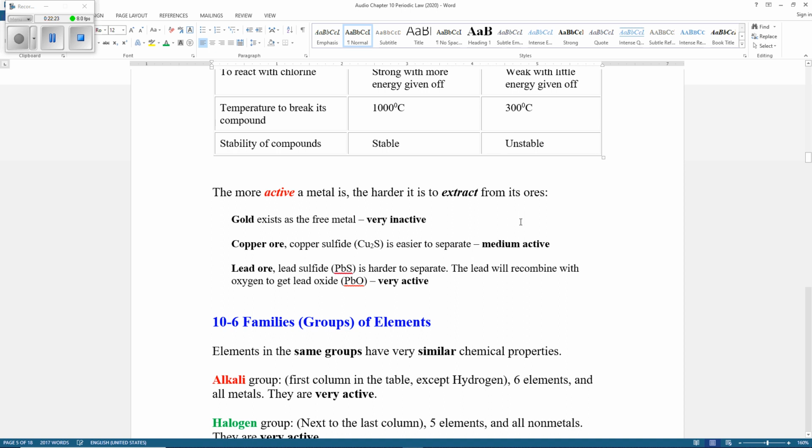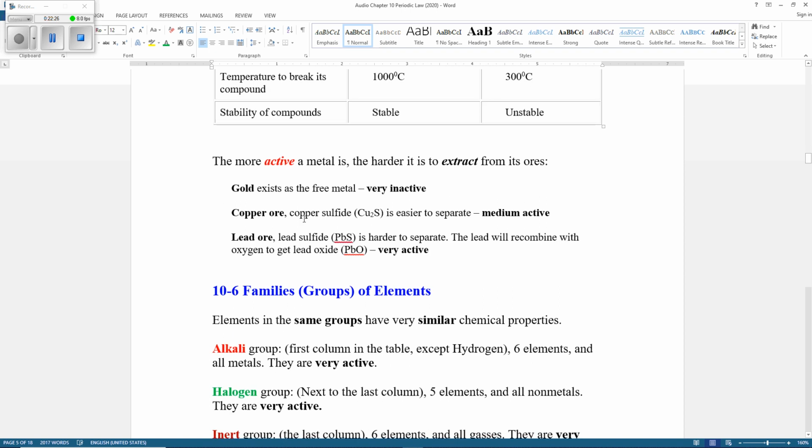Okay, so now more examples. When you find a gold mine, usually you find free metal, pure gold, because it is very inactive.